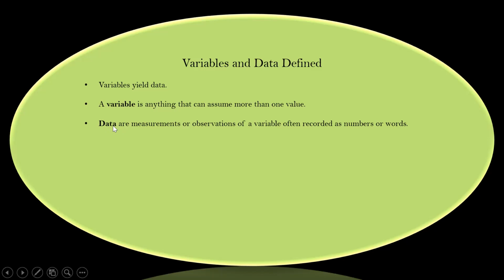It sounds like I should say data is, but data is plural. So data are simply the measurements or observations that we get from a variable. Usually numerically, but it doesn't have to be numerical data. For this class, sometimes we'll look at categorical, nominal, ordinal, etc.